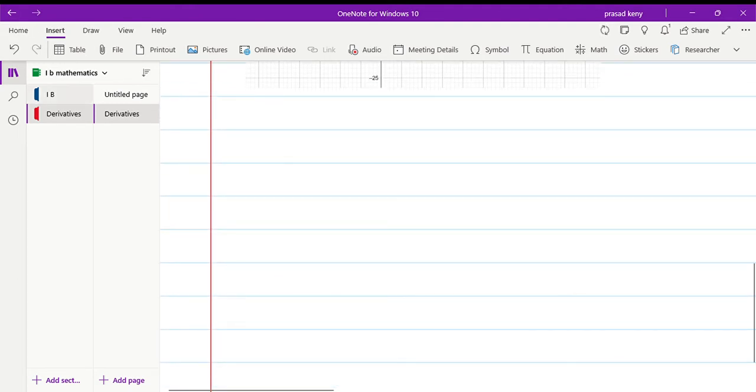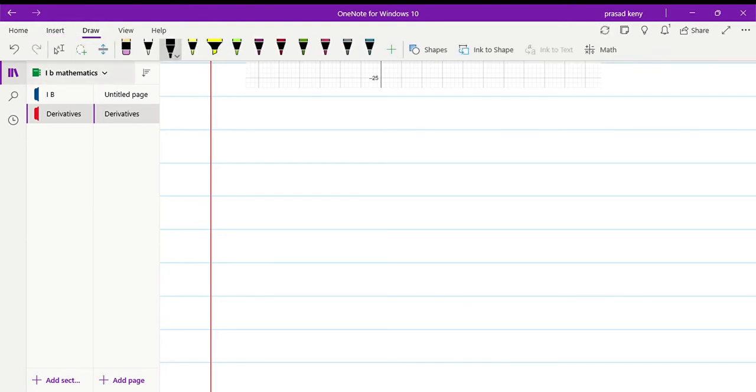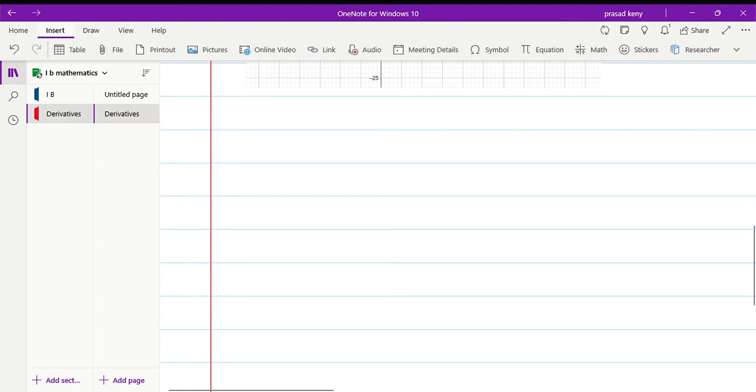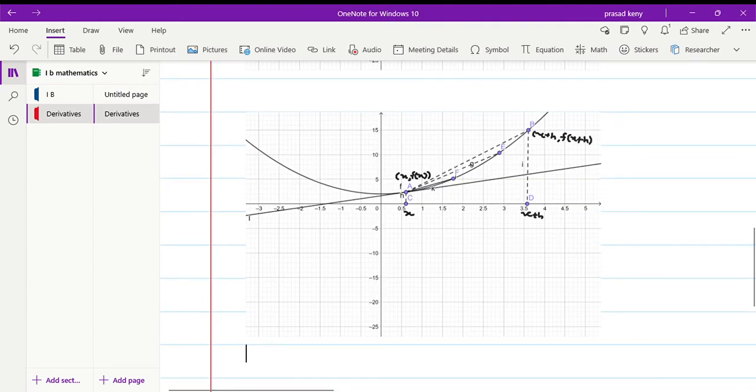Let me show this with a diagram to you. As you can see here, h is becoming smaller, smaller, and finally it is becoming so small that it will tend to 0. I am saying tending to 0.